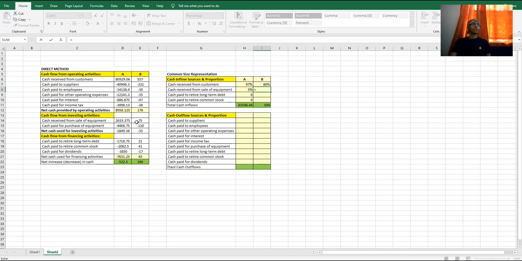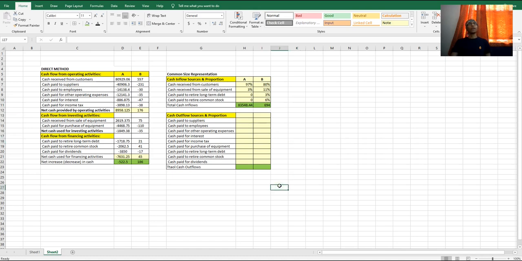Sale of equipment 75 by 694, 11%. From debt, 21 by 694, 3%. From stock, 41 by 694, 6%.